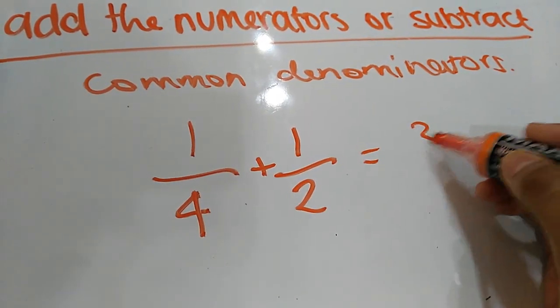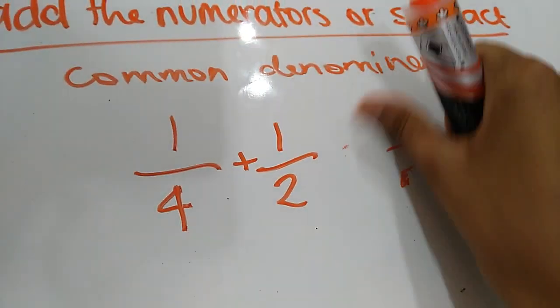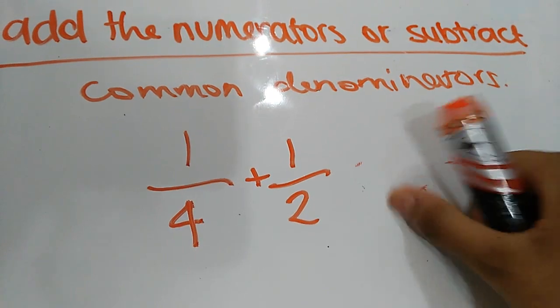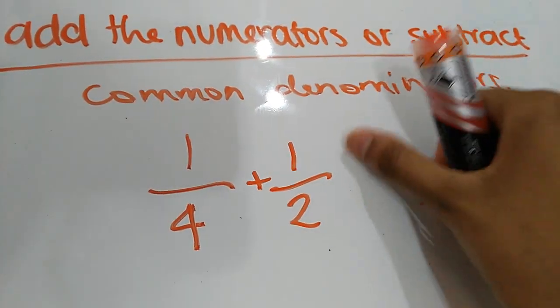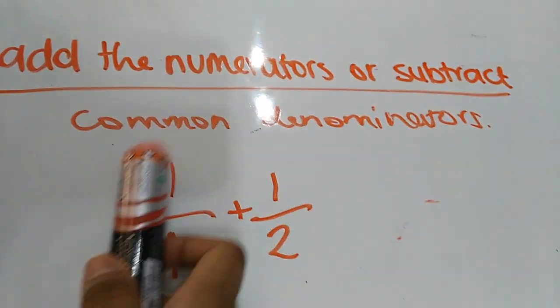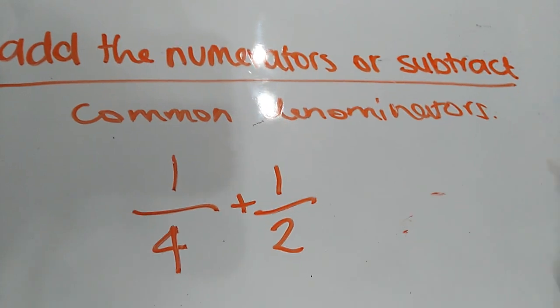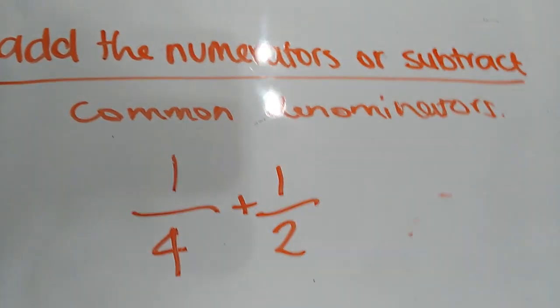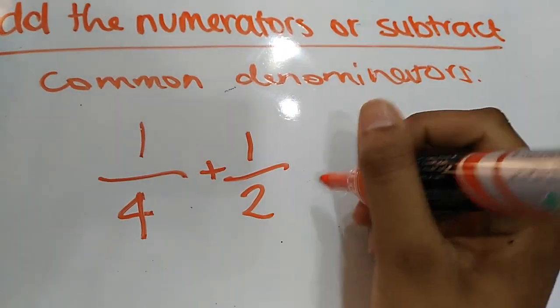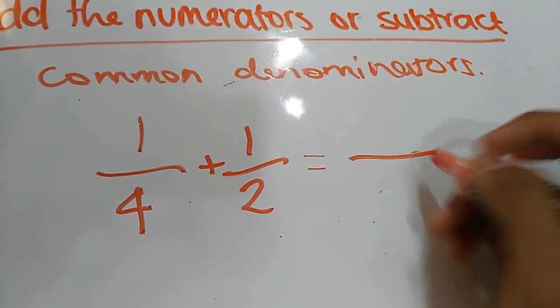1/4 plus a 1/2 is not 2 over... You can't do that. You can't add the numerators through. So what do you have to do? Well, looking at the rule, you can add the numerators through if the denominators are common. So what you want to find is a common denominator, so then you can just add the numerators through.